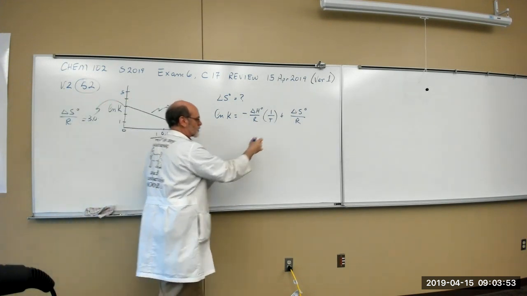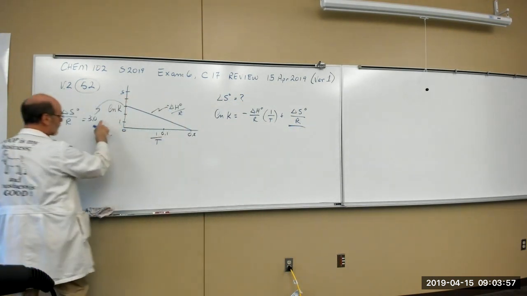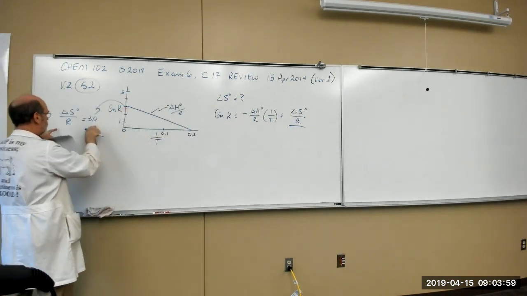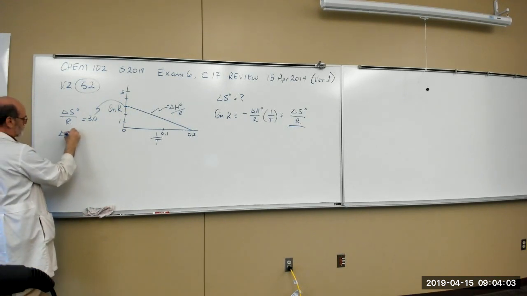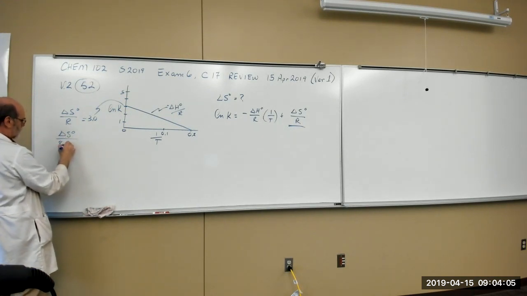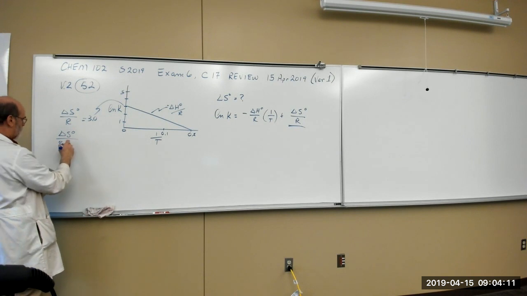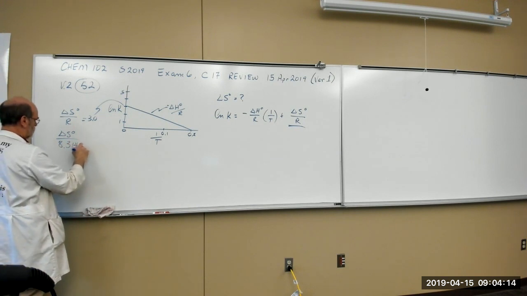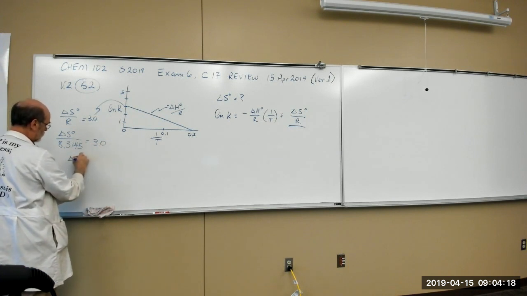You're interested in this part right here, because you can read off the graph that this is 3.0 and that's equal to this one. So now all you have to do is divide by 3145 equals 3. Then you just solve for this one.